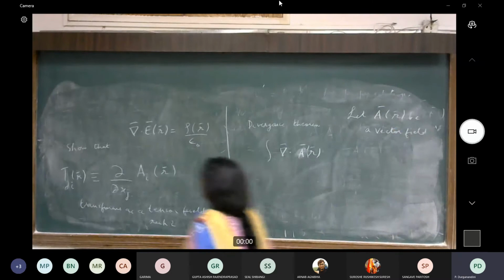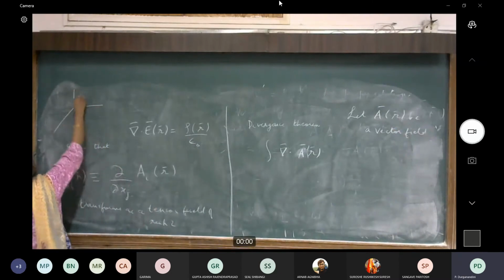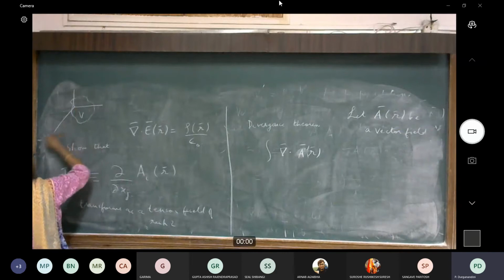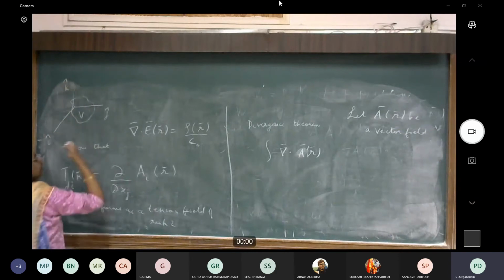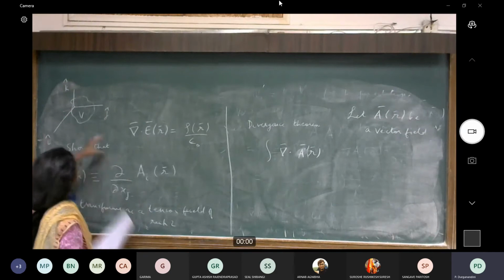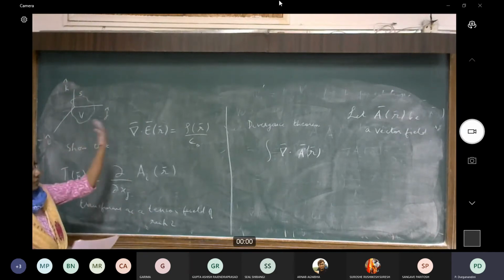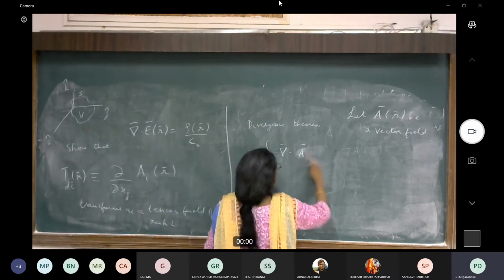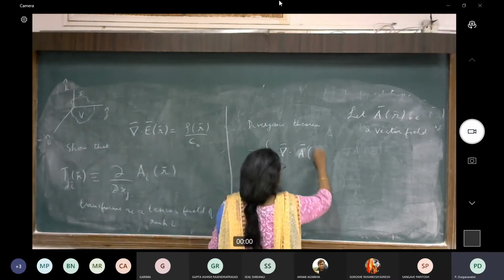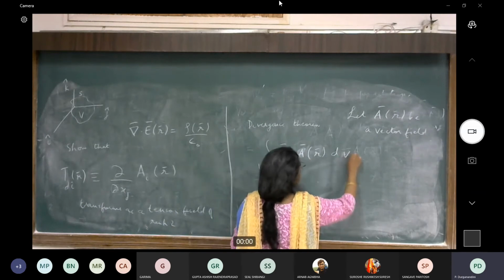And again, I'm having in mind that I have my three-dimensional space. And let us say I have this volume V, which is enclosed by some surface S. And I construct this object, the divergence of A dV.